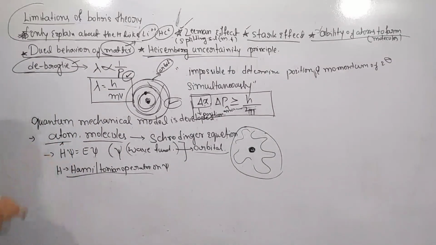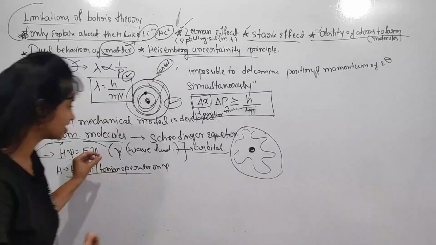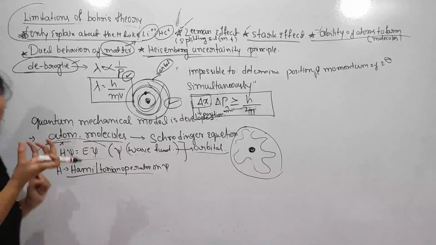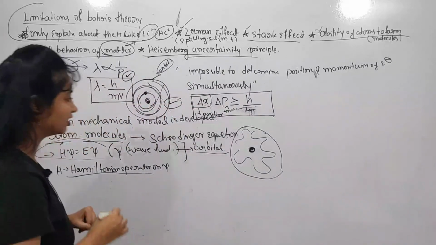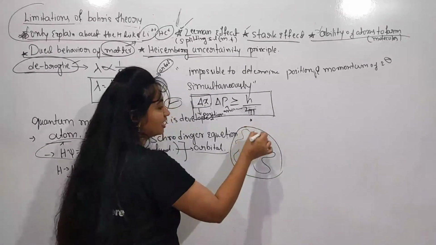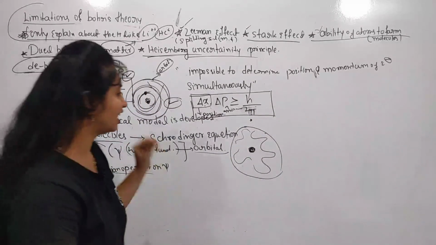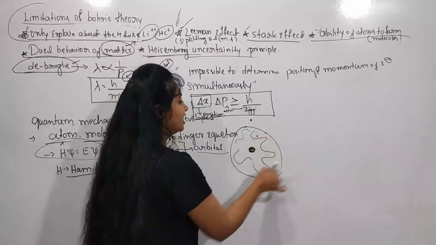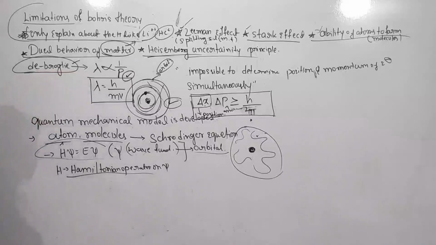When we solve this Schrödinger equation, we get one equation. With the help of that equation, when we put some constant values in there, we get the position of the electron and the behavior of the electron, or where exactly the electron is present in that atom. So we know all this information with the help of that equation.